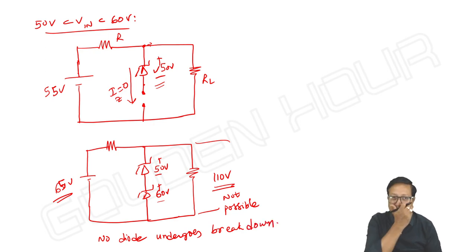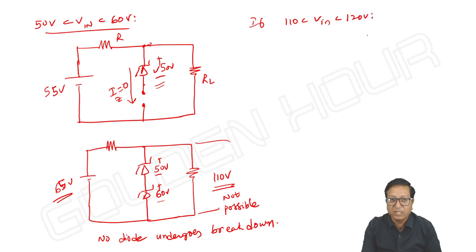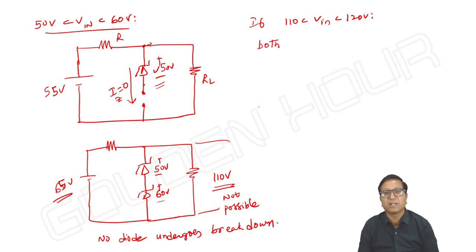Okay, so how long is it possible? Even though I'm mentioning 50 to 60, or more than 60, it holds till 110 volts. If V input is more than 110 volts and less than 120 volts, only then will both D1 and D2 undergo breakdown. It is not possible to see only one diode under breakdown, either D1 or D2.